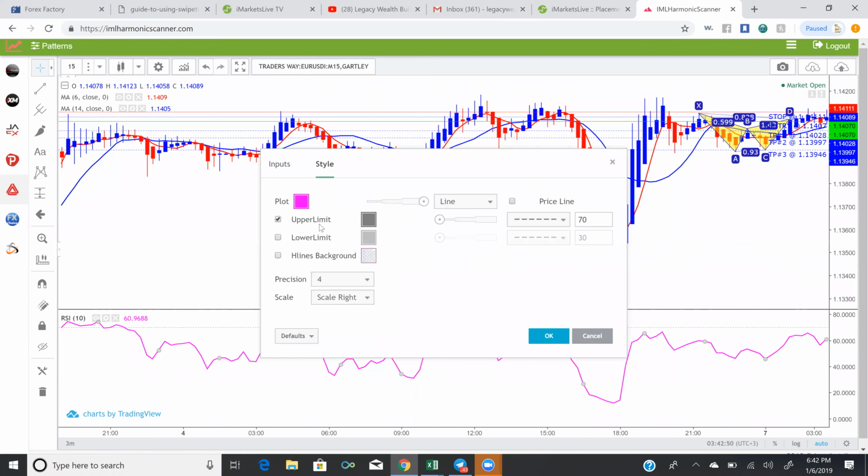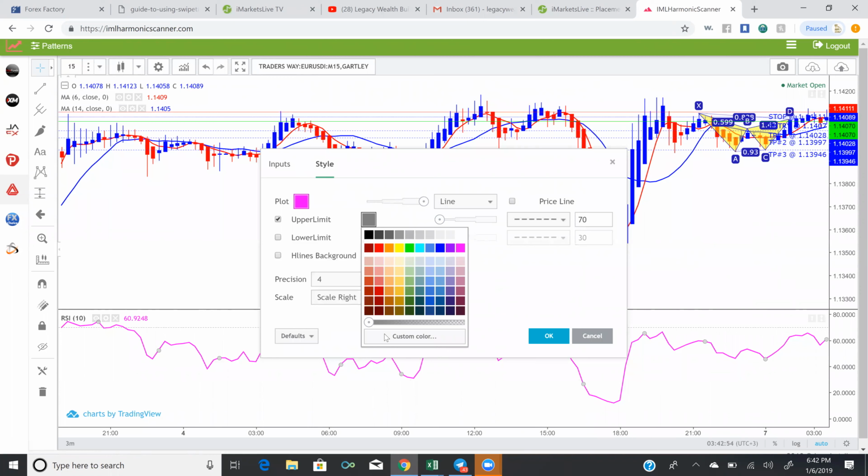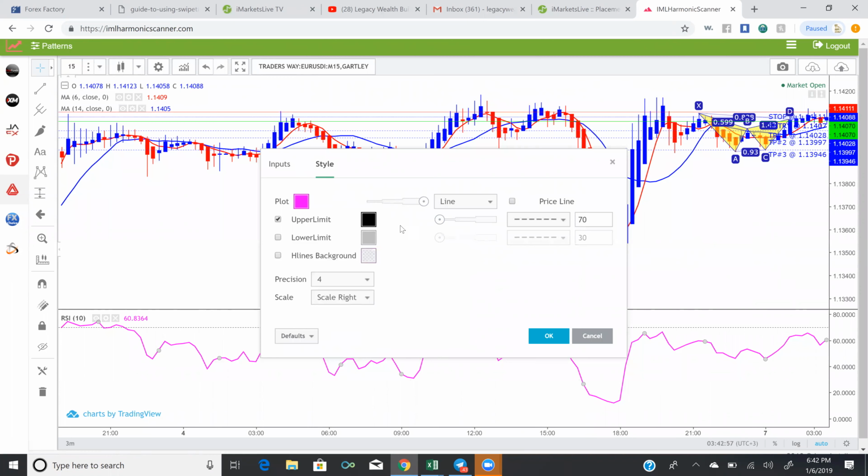And right where it says upper limit, I want to click on this box here. Change it to black, make the line thicker, change the number to 50. Where it says upper limit, change that number to 50. Click OK.